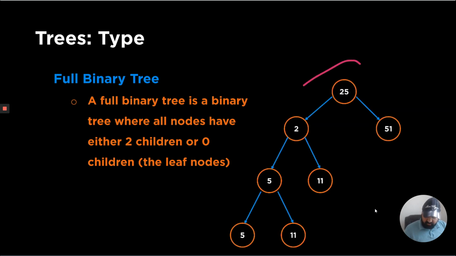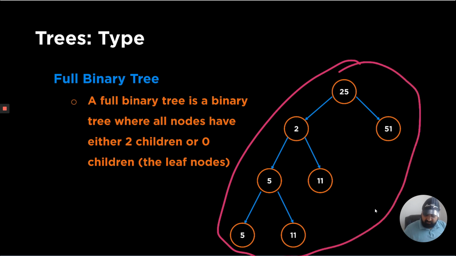So this is another example of a full binary tree. 25 has two children, 2 has two children, 51 and 11 have no children, 11 has no children, and 5 has no children. Technically, this tree, and we will talk about this later when we talk about elements, generally when we are talking about binary search trees or other different forms of trees, usually we do not allow repetitive elements.